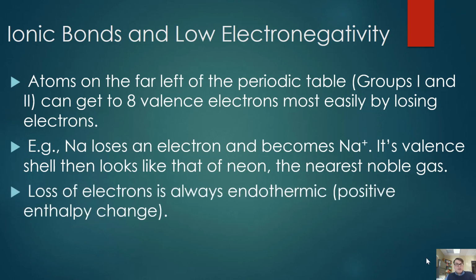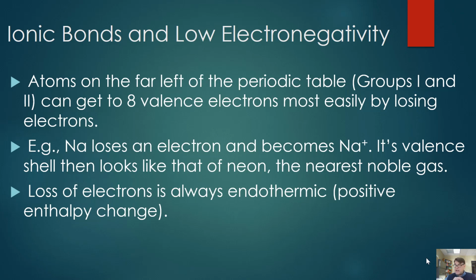Now, the loss of electrons is always endothermic. I don't fully understand this myself, but I'm telling you what the book says: when sodium loses an electron, it requires a gain of energy for sodium to do that. That is, the positive energy of the sodium has to increase for it to lose its electron. I don't fully understand this.